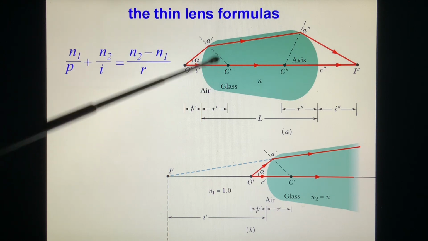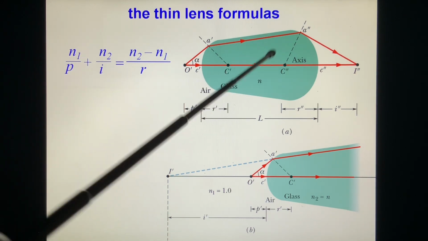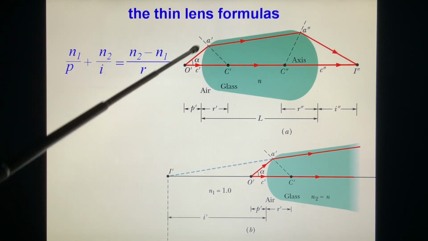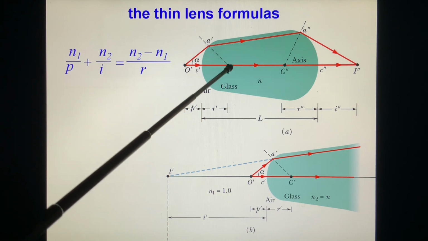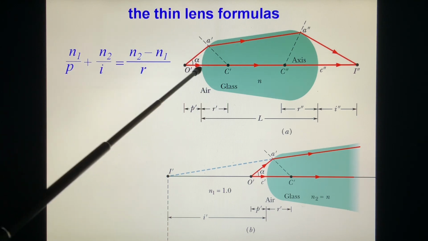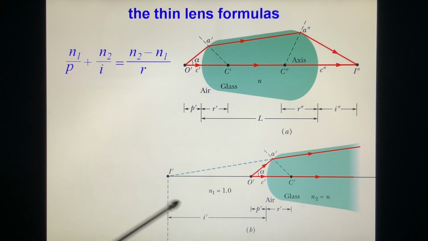Since this is a refracting surface, we use this formula. In this case, n1 is 1, air, and n2 is the index of refraction. R is this R, and you see the center is in the rear part for this refracting surface, so R is a positive number, and this i prime is a negative number.